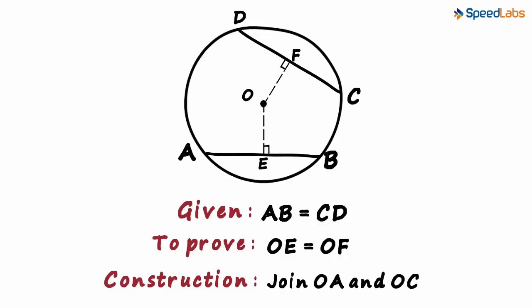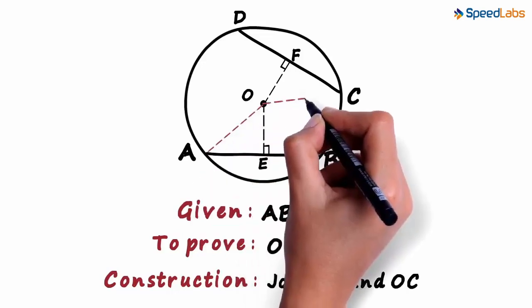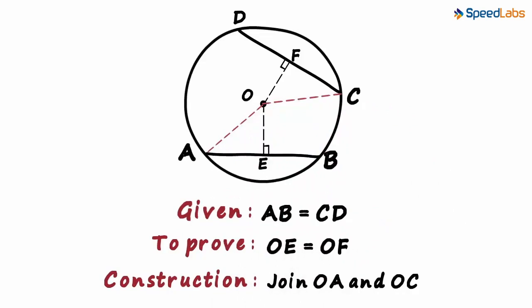Let's join OA and OC. This bit of construction forms two triangles, triangle OEA and triangle OFC. If we prove these two triangles congruent, we can say that OE is equal to OF since they will be corresponding sides of congruent triangles.